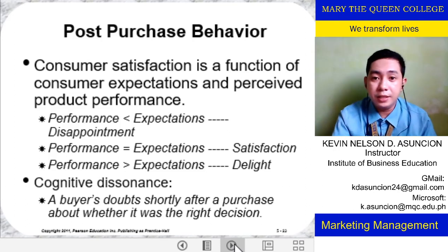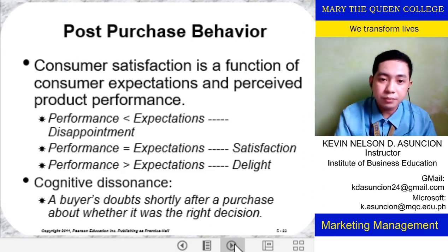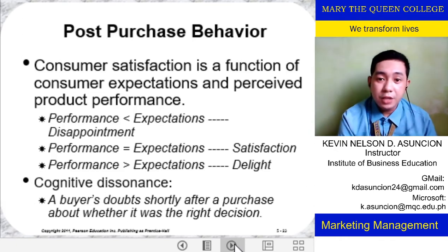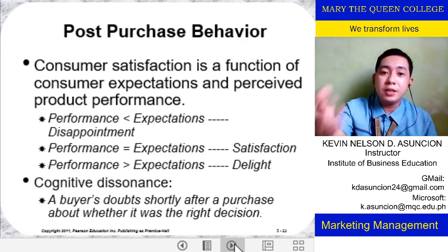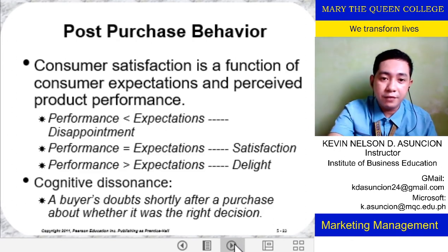So as you can see in the slide, when performance is less than the expectation, it's a disappointment. When performance equals expectation, satisfaction. But when it exceeds expectation, it becomes a delight. So that is where the marketing mix kicks in, to constitute this buying behavior.